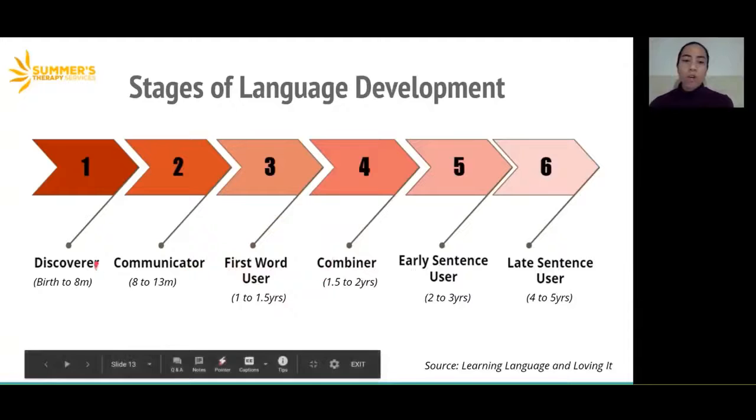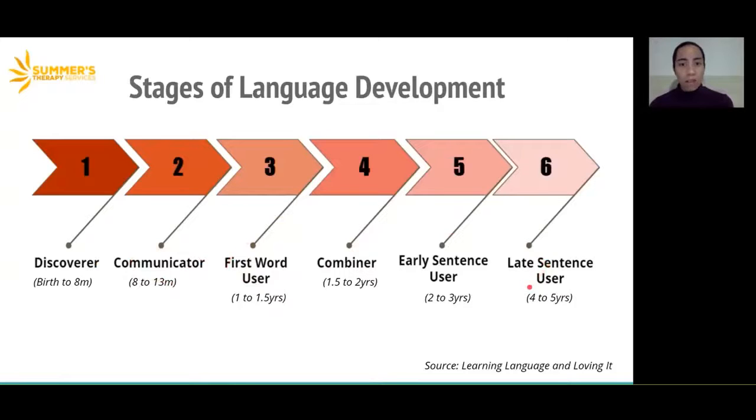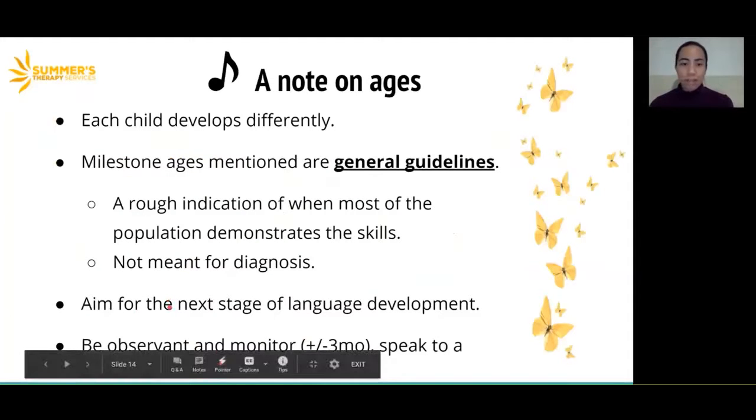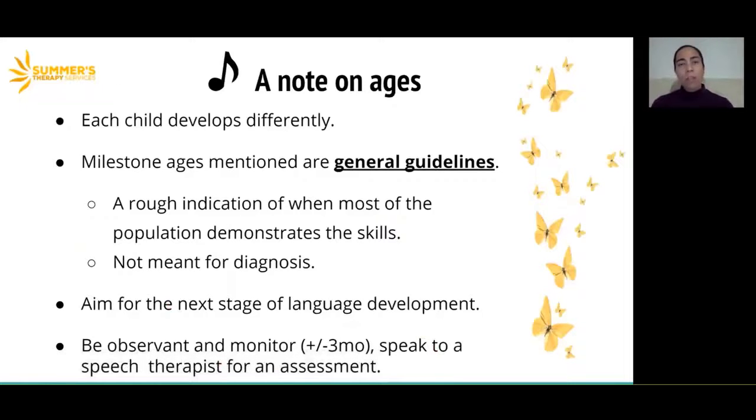We cannot come to a child who is at the stage of a communicator and expect them to use late sentence user level of language just because of their age. We look at their stage of language development, not the age, all right? So be observant. That's not to say that you throw out all the milestones, but be observant and monitor your child if they are not up to the ages that we have mentioned, and give them a 3-month period, give or take 3 months from those ages that you see there, and monitor them.